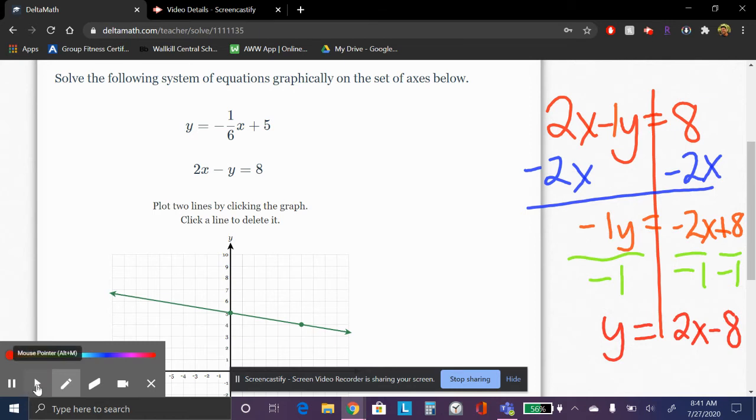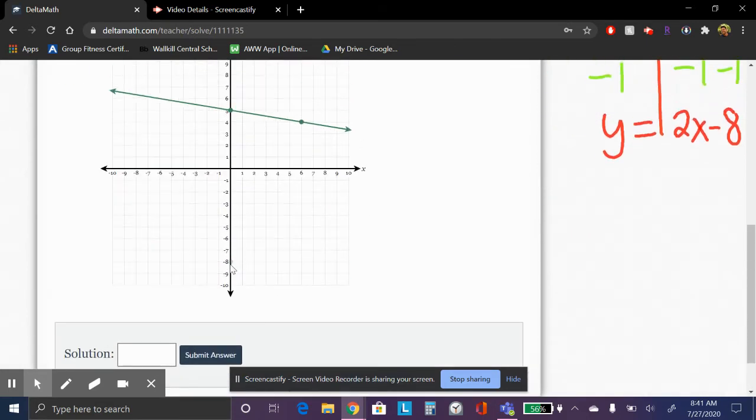So over here, I start at 8, right? No, -8. Let me delete that one. Just click off of it. -8, and you go up 2 to the right 1. And look at that, they intersect at that point right there. What was that? (6, 4).